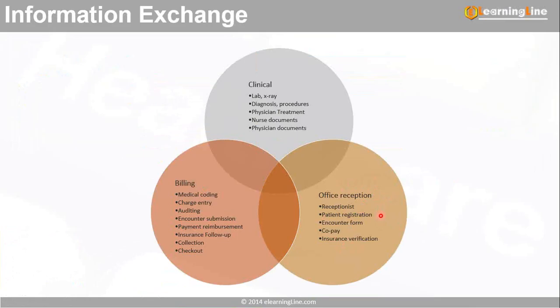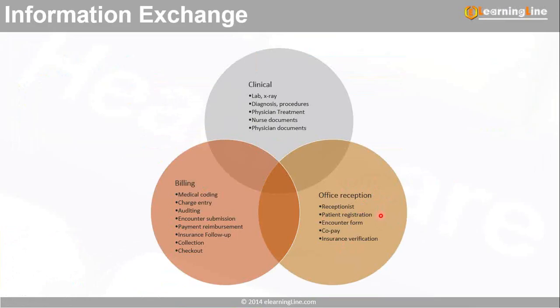On the other side you have the billing, which is your medical coding and charge entry. Then auditing: the audit department makes sure that you are in line with all the rules and parameters, and that you are following good business and good practice.